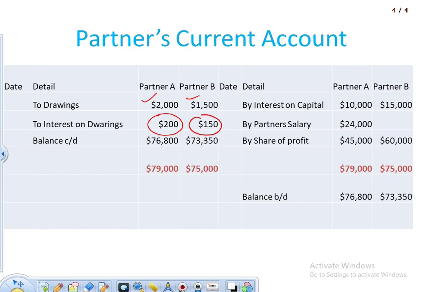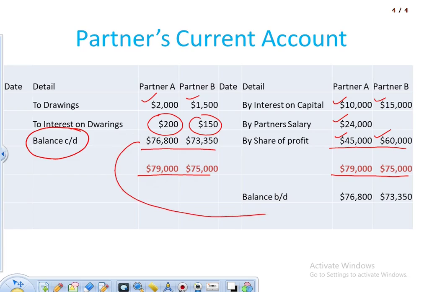And interest on capital, we are giving them 10,000 and 15,000. Partner salary is 24,000. Share of profit is 45,000 and 60,000. At the end, the total of partner A and partner B is mentioned. This will be balanced with balance c/d, and the same amount will be carried forward as balance b/d for next year.